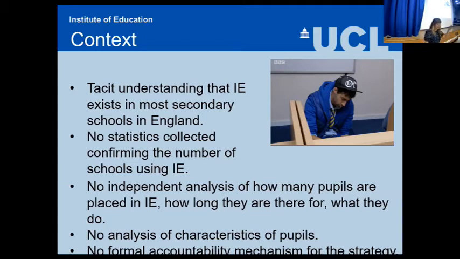And given the really troubling inequalities in our formal exclusion data, it's not too much of a leap to imagine that similar inequalities are present in informal exclusion data as well. There's also no formal accountability mechanism for schools using IE in the same way that there is with fixed term exclusion and permanent exclusion, and that leads to a whole host of discretionary practice in schools.